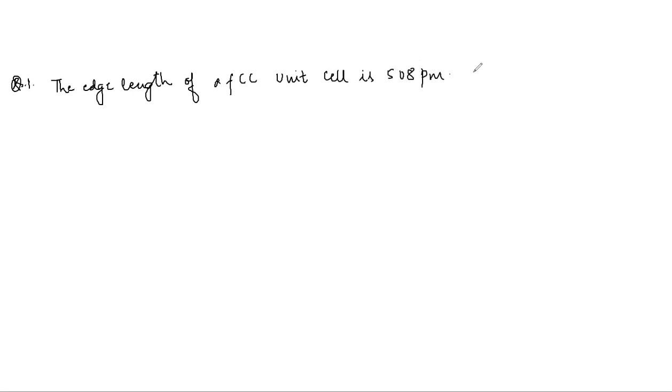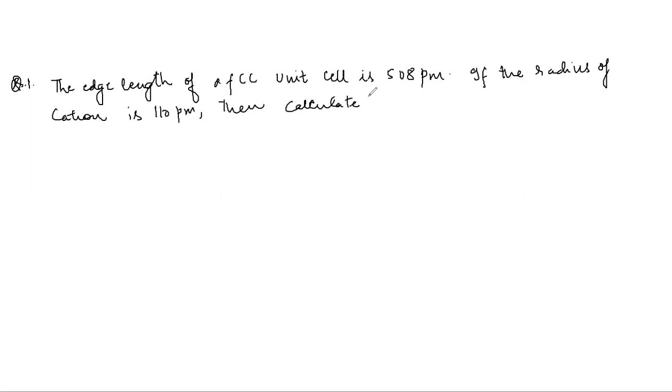If the radius of the cation is 110 picometer, then calculate the radius of the anion.